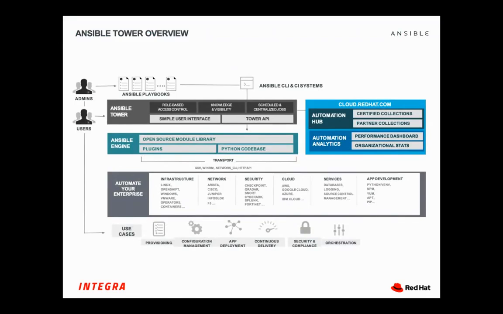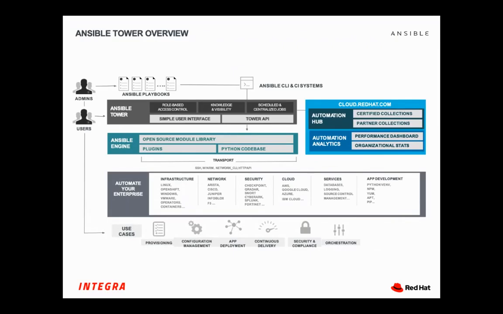So this is just an overview of the components Ansible Tower has. It helps us do many things like provisioning, infrastructure or configuration management, application deployment, CI/CD, and it also helps you achieve security and compliance, and helps with orchestration.